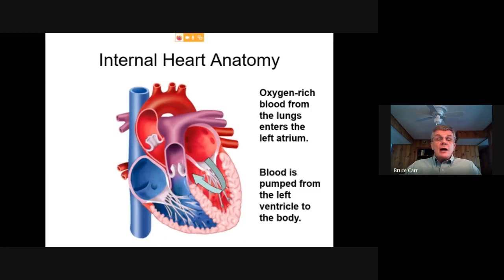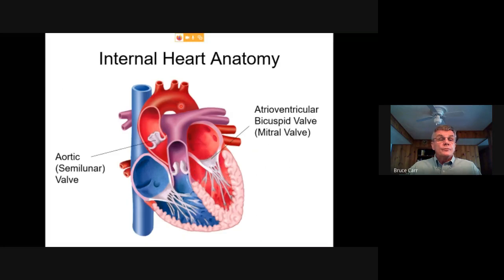On the left side, the atrioventricular valve is called the mitral valve or the bicuspid because it has two lobes, and it exits through this left semilunar or the aortic valve because of its directing the blood to the systemic circuit. And there are those names: bicuspid or mitral for the atrioventricular valve and aortic for the semilunar valve.